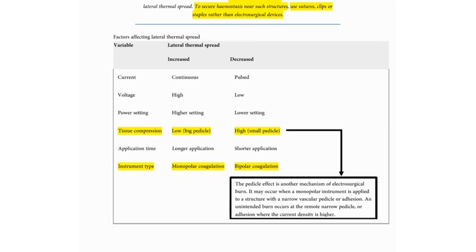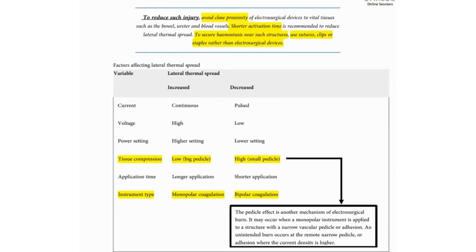Simply because you are near vital structures while you are using the diathermy. So you need to bear in mind that there is some heat coming out of the diathermy while you are working. So try to secure hemostasis near such structures. If you are going to do hemostasis, don't use diathermy near vital organs.